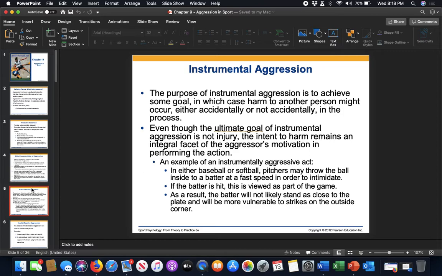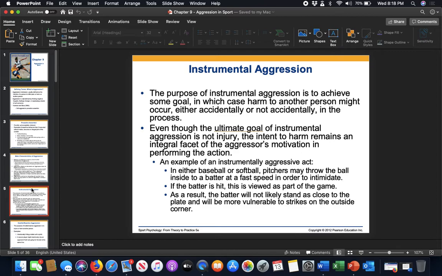The example they use, the very first one, is a really good one. In baseball or softball, you're going to throw the ball super inside to that batter, closer to the batter, to kind of intimidate them, to back them off of home plate. Maybe they hit a home run the last time, so you pitch really close inside of them, move them out of their area, and they change where they are in the batter's box, and you can mess with them a little bit there. The difference is that with instrumental aggression, in knowing what you're doing, you can act.